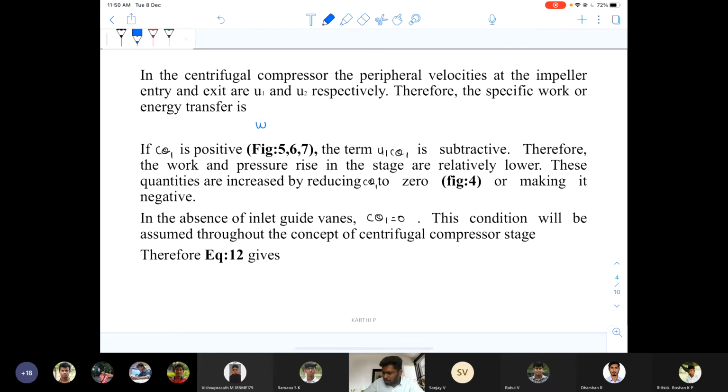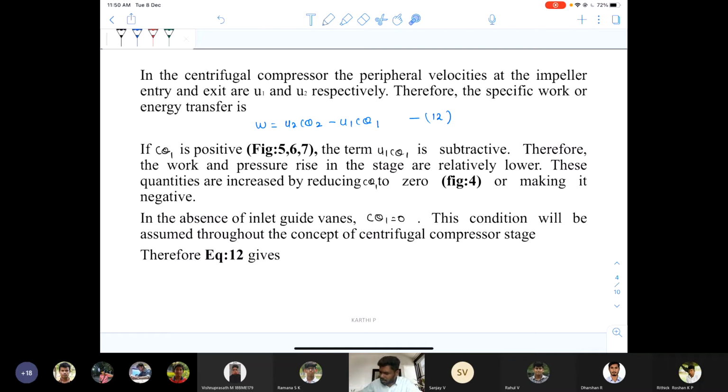We know that W is equal to U2 C theta 2 minus U1 C theta 1. This equation we have seen a lot of times, and let this equation number be 12. That is, specific work or the energy transfer is equal to U2 C theta 2 minus U1 C theta 1.